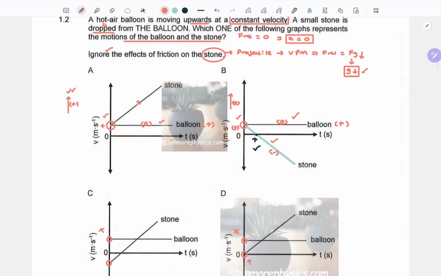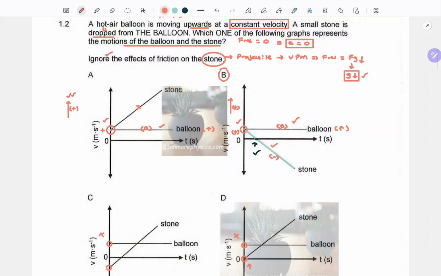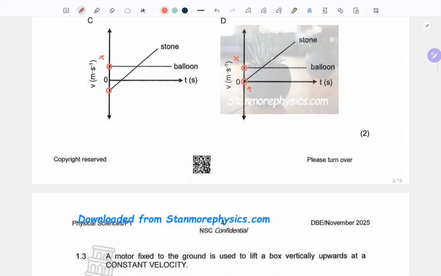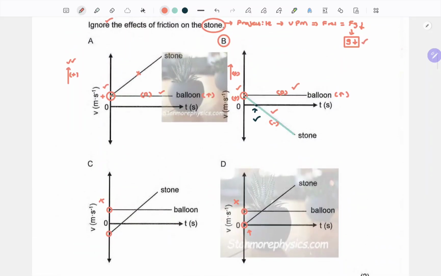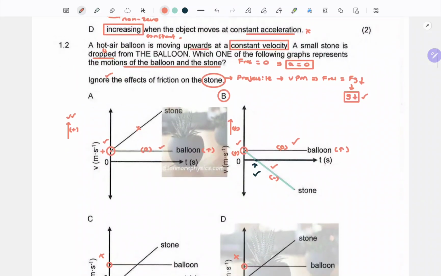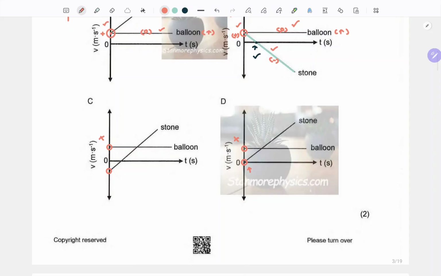So we can already see that the correct option is B. And guys, you can see this takes a moment to go through. Of course, a well-trained student would know that option B was the correct answer. But don't be complacent.